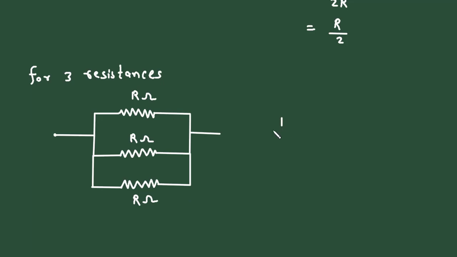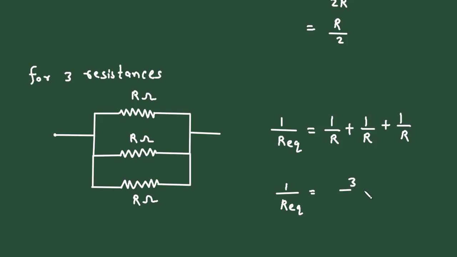So this will be 1 upon R EQ is equal to 1 upon R plus 1 upon R plus 1 upon R. So this will be 1 upon R EQ is equal to 1 plus 1 plus 1, 3 divided by R. So therefore R EQ is equal to R by 3.